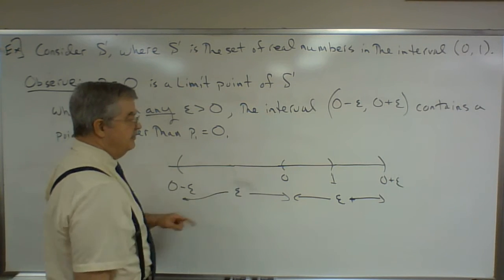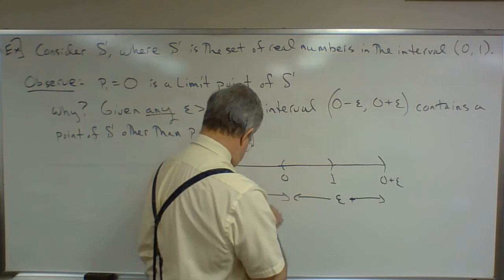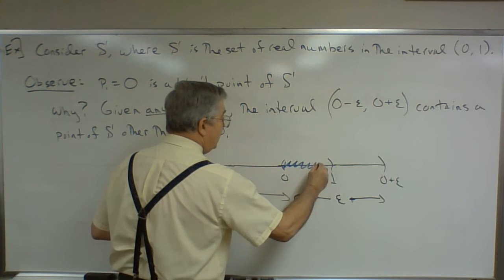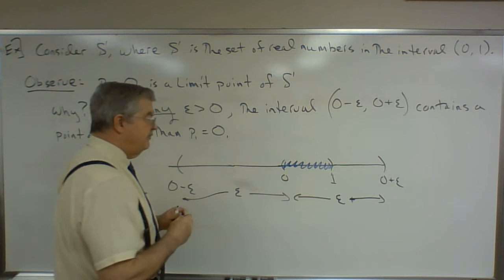Here's 0 minus epsilon, here's 0 plus epsilon, and this is the set S.